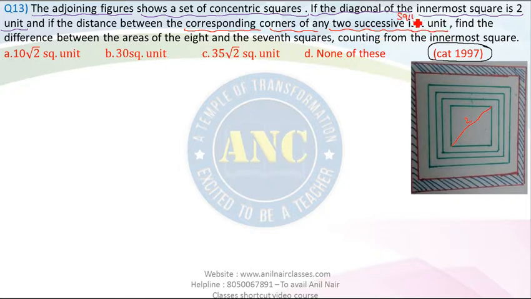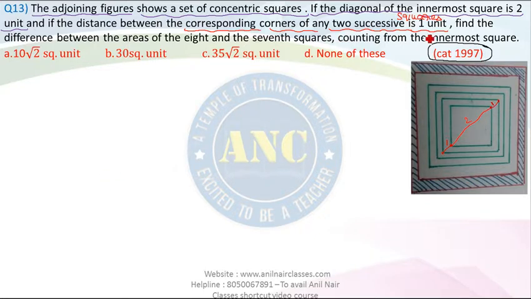The word squares is missing here. They are saying that the distance between the corresponding corners, this particular corner and this particular corner, is 1 unit. Similarly, this particular corner and this particular corner, the distance is 1 unit.